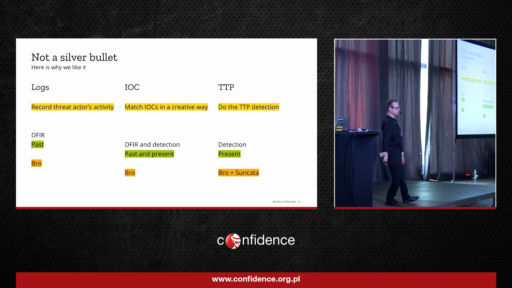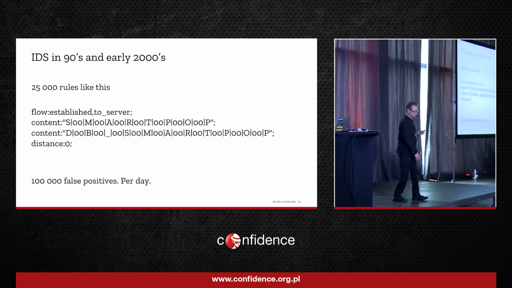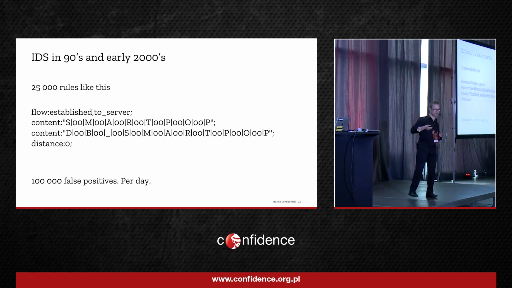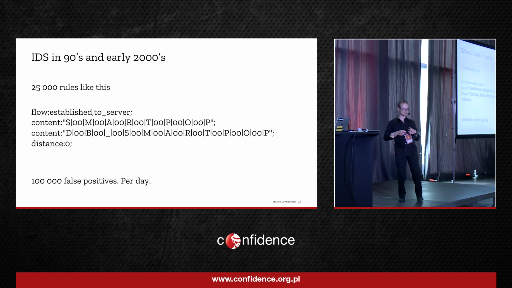And I want to be able to detect TTPs. Everyone is crazy about TTPs right now. Every vendor sells a product for detecting tactics, tools, and procedures of a threat actor. I want to do some of this detection also at the network layer. If you have been in the security industry for a while, you saw IDS in the 90s: an intrusion detection system with 25,000 rules full of things you cannot really understand.